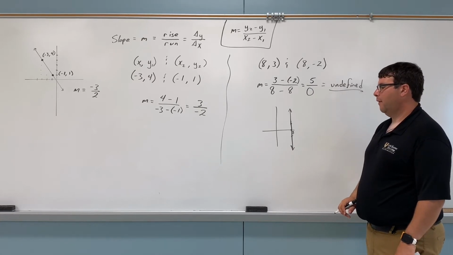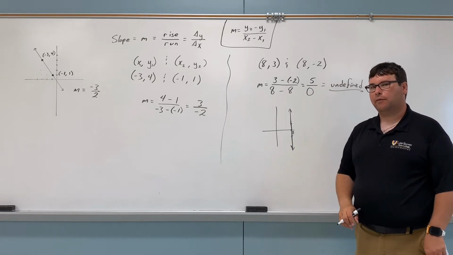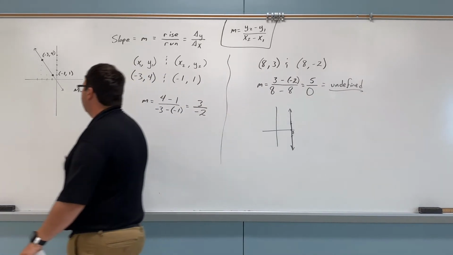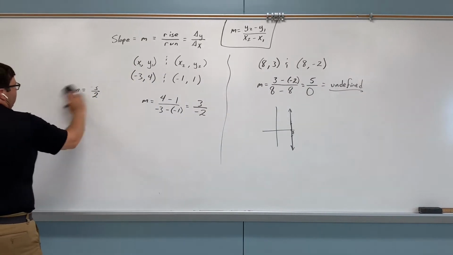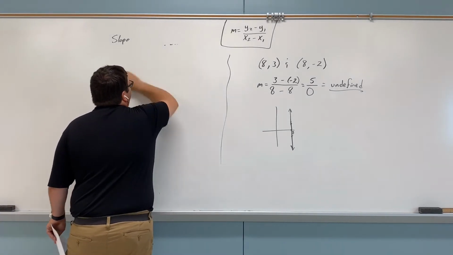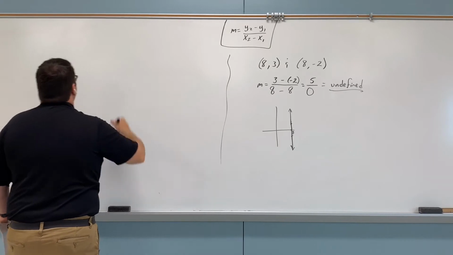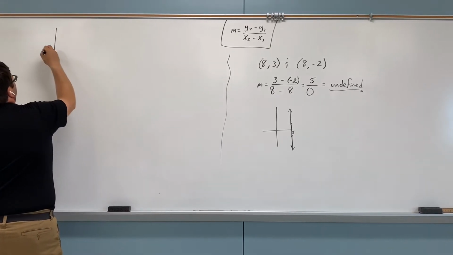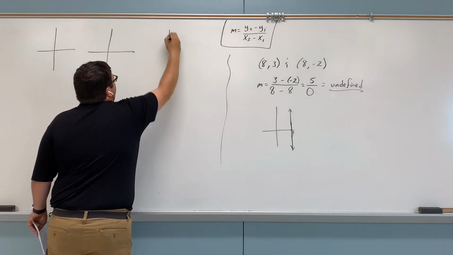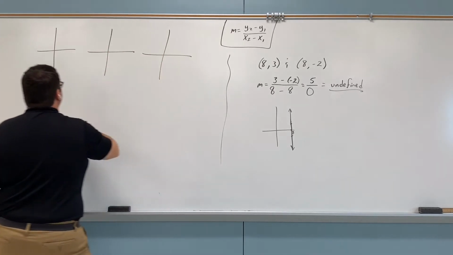Huh. So let's talk about some slope rules really quick, shall we? Let's get some board space first. So slope has a couple different options, if you will, as you're looking at what it might appear. So I'm going to put my graphs up here just to give me some situations.